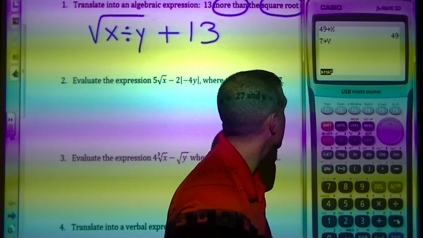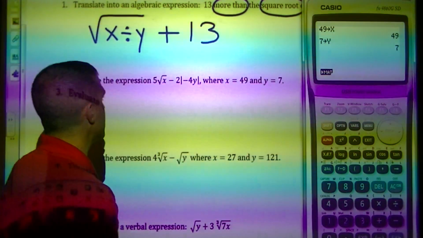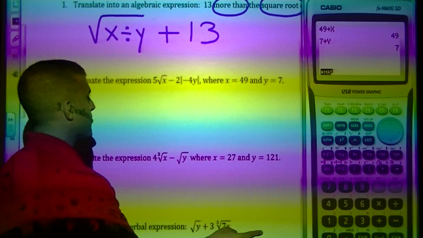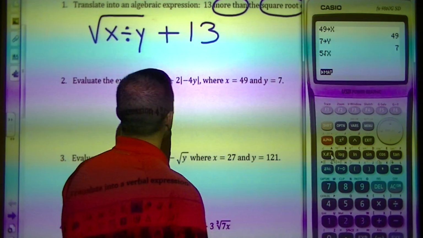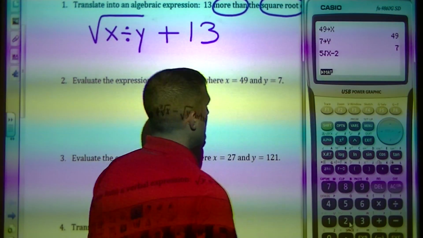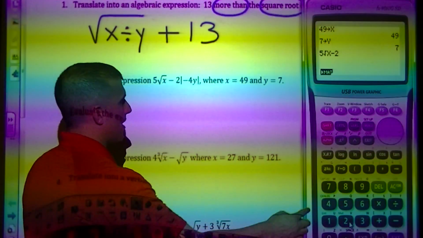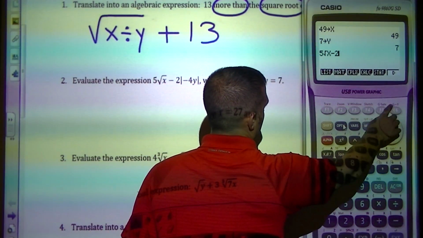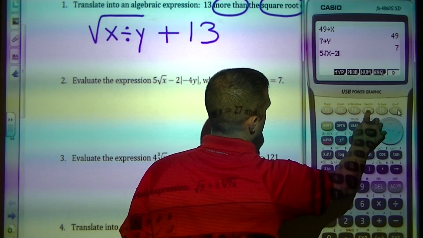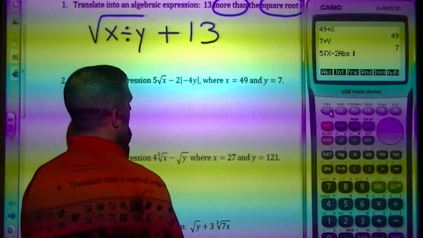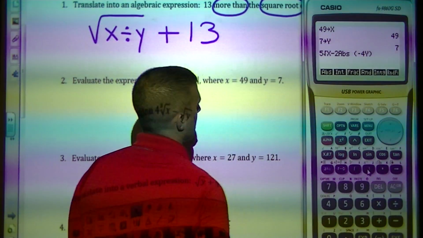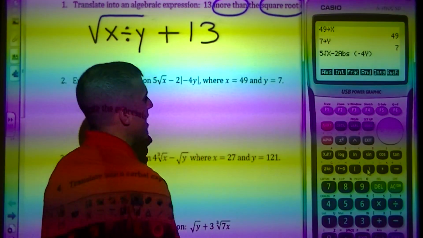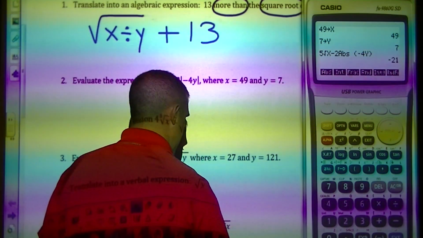I hit enter, so I've saved them both. Now all I have to do is type the expression in just like I see it: 5 square root of x minus 2. That's an absolute value. To get the absolute value, I go option, over num, ABS, then negative 4 alpha y. That should give me an answer of negative 21.